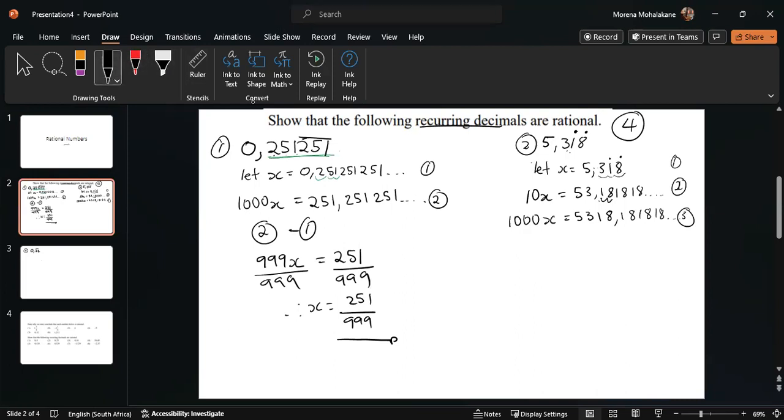So I can simply subtract the third one and the second one, because this 1818 is going to take out the 1818 there.